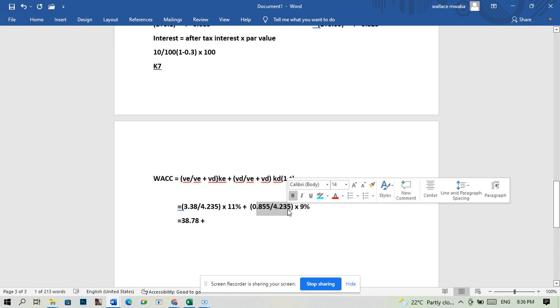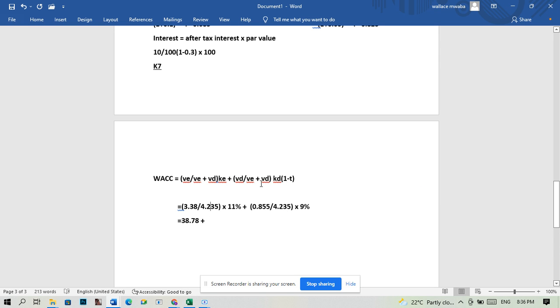0.855 divided by 4.235. Then have we forgotten the plus there? VE plus VD, this is the denominator.